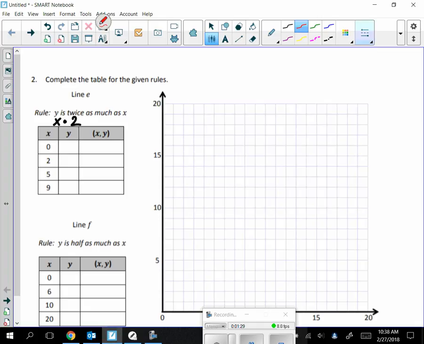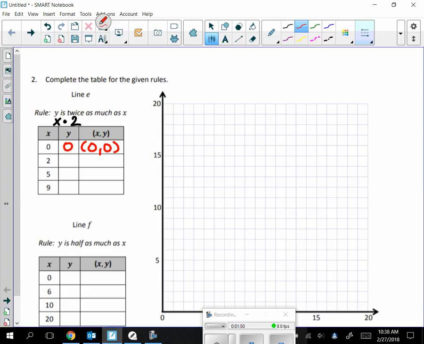Okay. So if I put in 0, what is my y? 0 times 2 is 0. They're not cooperating. So my coordinates are 0, 0.